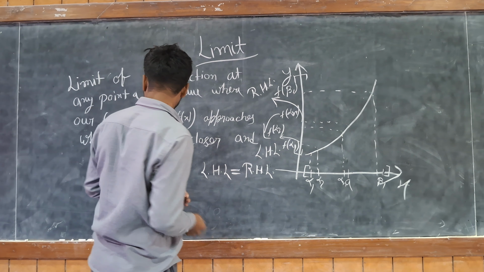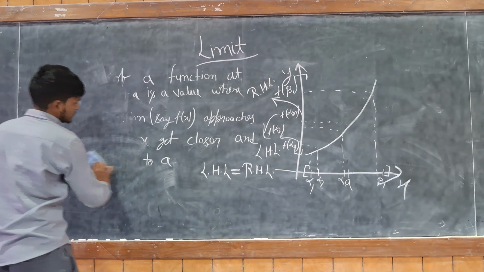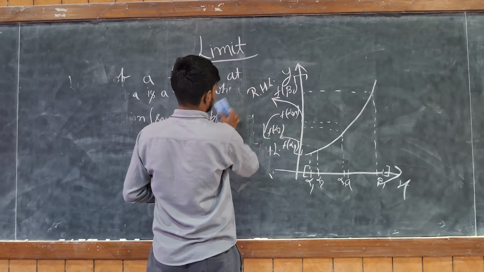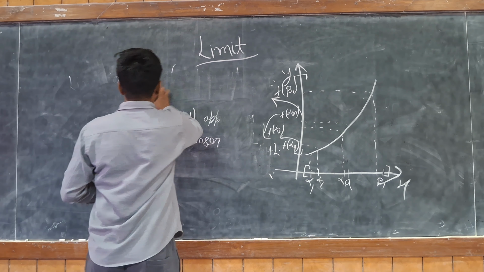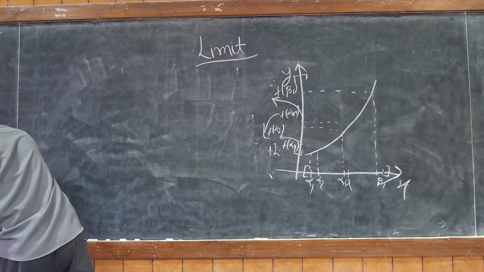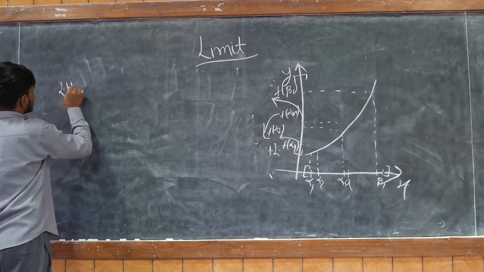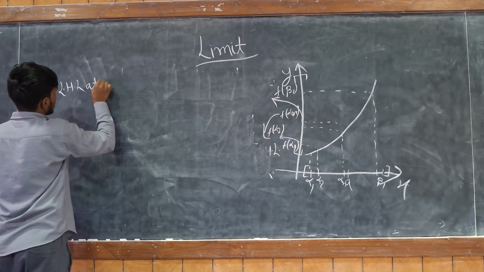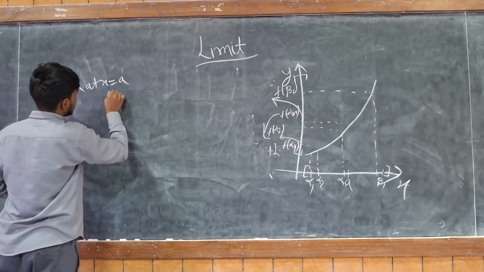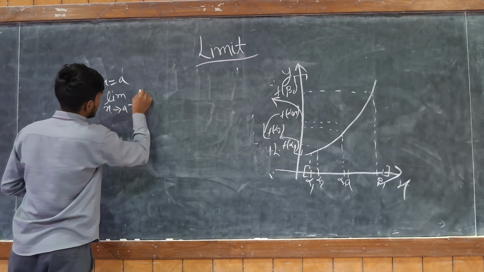Now we'll see how to denote a limit. The left hand limit at x equal to a is denoted by limit x tends to a minus f of x.